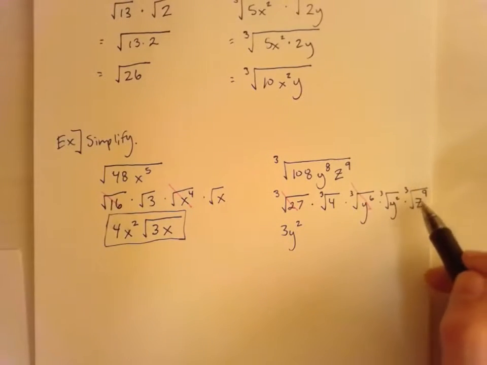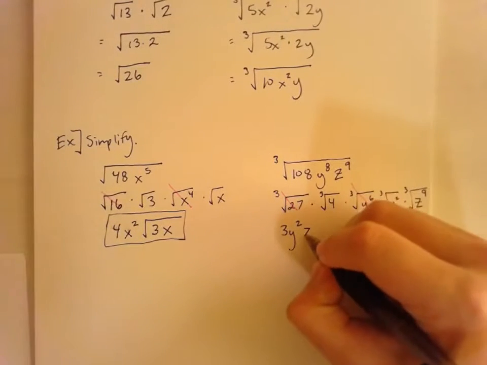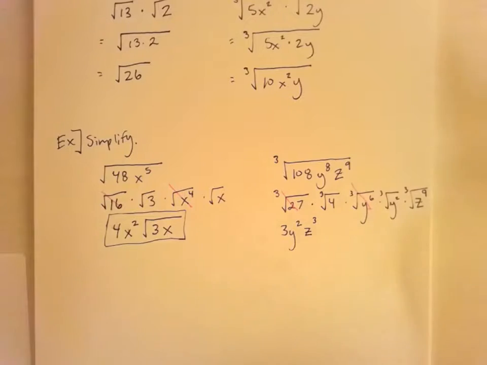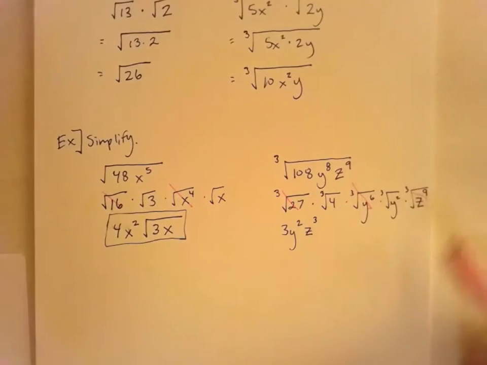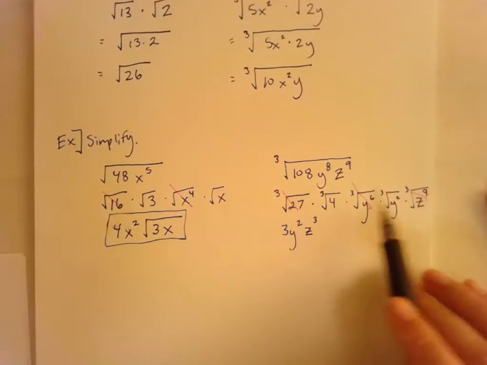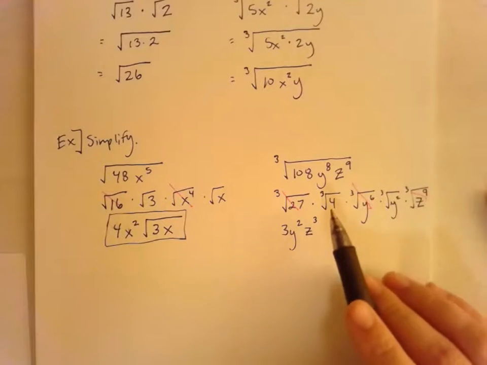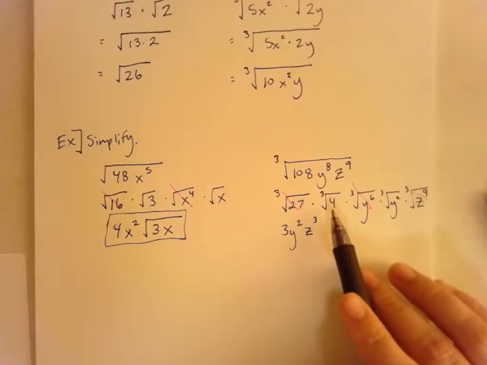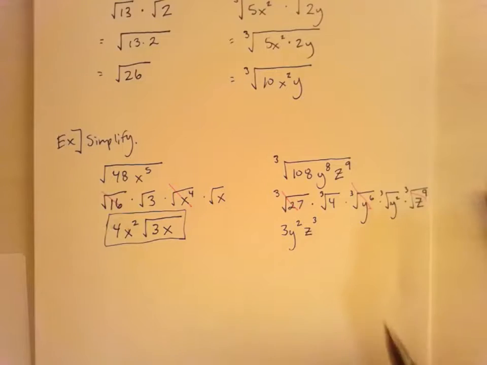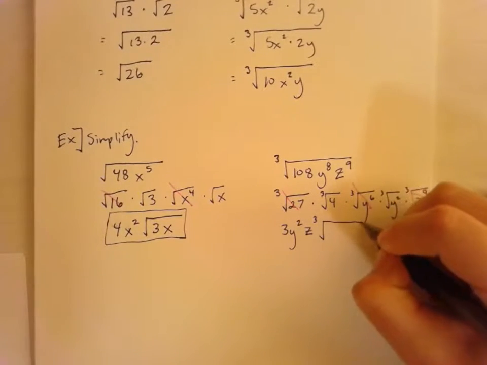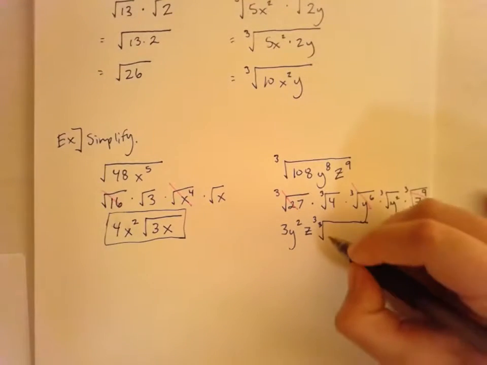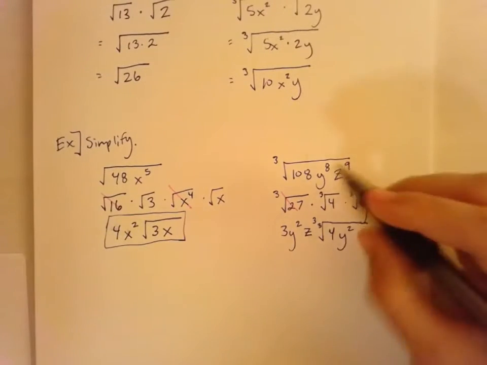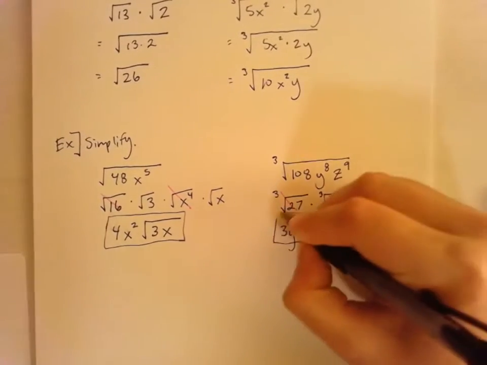And lastly, I know the cube root of z to the 9th, 9 divided by 3 is going to be 3, z to the 3rd. Okay, and now that I've stayed organized, I've crossed all those out, so I know the only thing I have left under a cube root are 4 and y squared. So I'm going to write my cube root here, 4 y squared, and I am done.